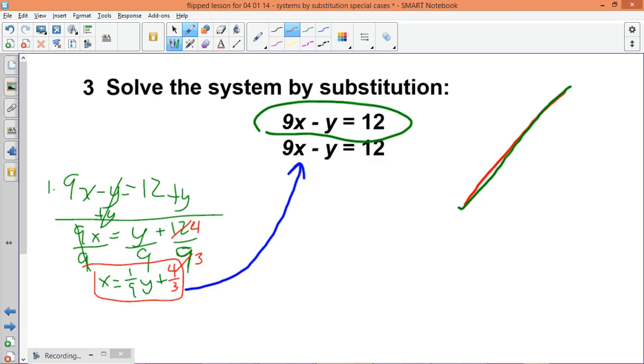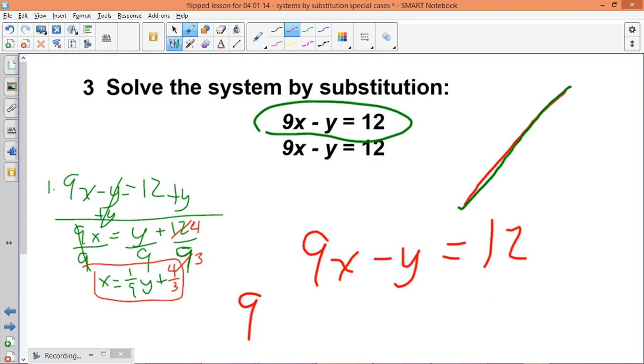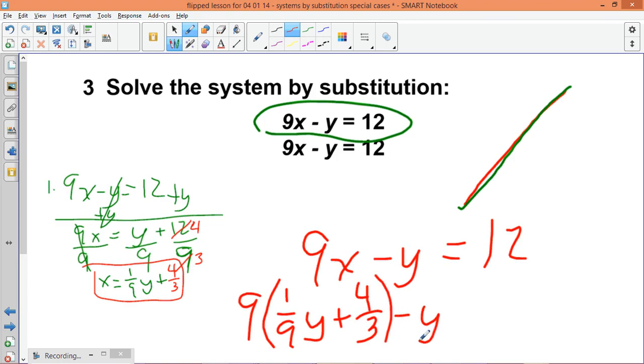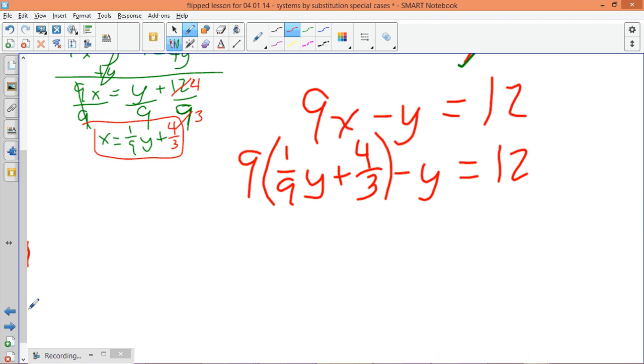I get that 9 times x minus y equals 12, which means 9 times what x equals, 1/9 y plus 4/3, minus y equals 12. Now, anybody thinking this looks super ugly? Two things. One, you're right. And two, it's all going to get pretty real quick thanks to the magic of fractions.